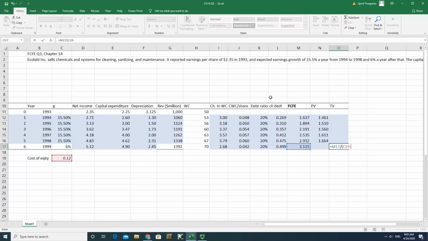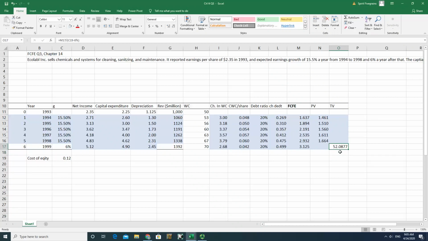What is the growth rate in the terminal time period? 6%. Earnings will grow, and so will free cash flow. Let's assume it's 6%. I get a terminal value.